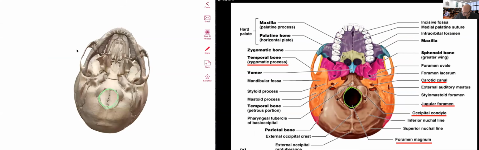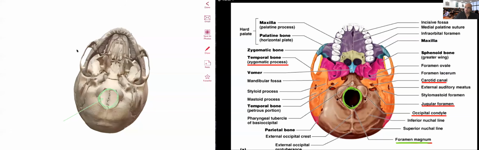This is my foramen magnum. Magnum means large. Foramen means a hole. So the large hole at the base of the skull, this is what we call the foramen magnum.